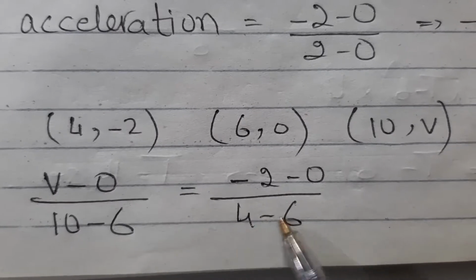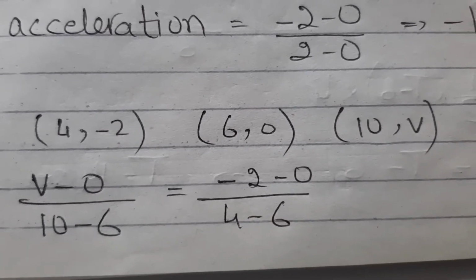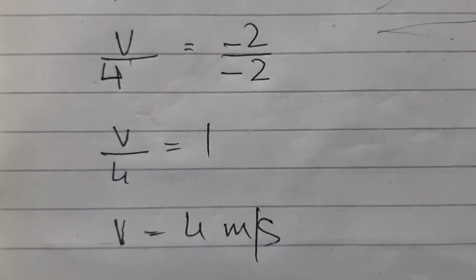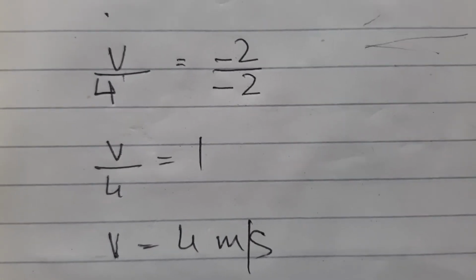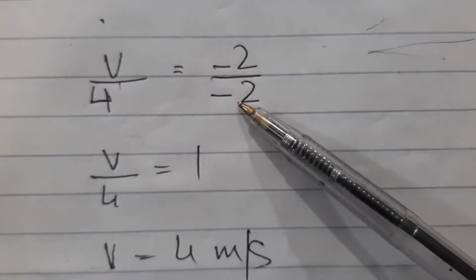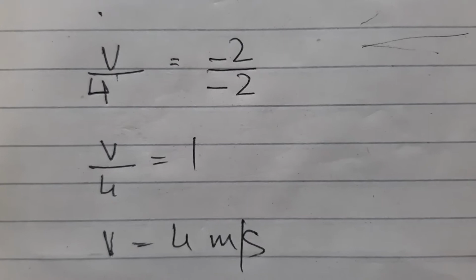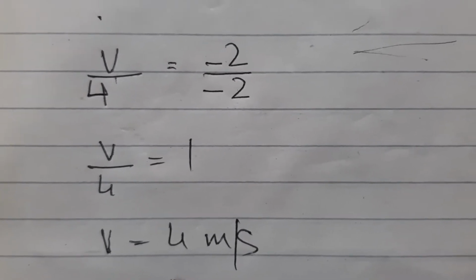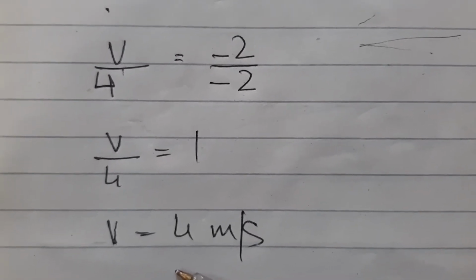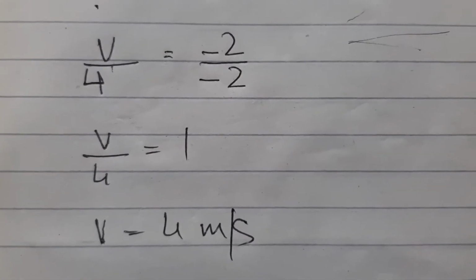I have put these equal to each other because they are on the same line, and I will solve it. So I get v over 4 equals -2 over -2, which gives v equals 4. So it means the maximum velocity at time 10 seconds was 4 meters per second.